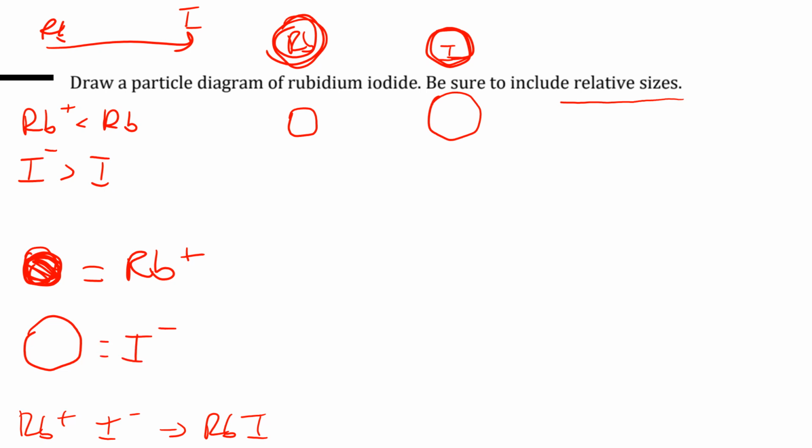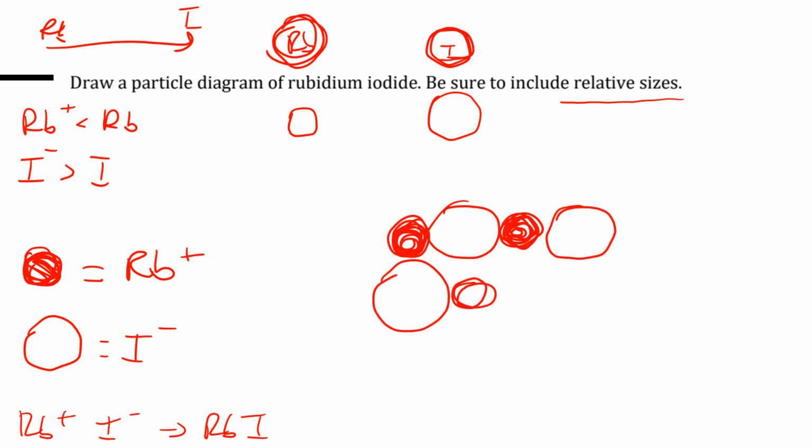So my drawing will be in the empty space. We need to make sure that we are alternating, and we're doing our best to maintain the relative sizes for our ions as we are drawing them.